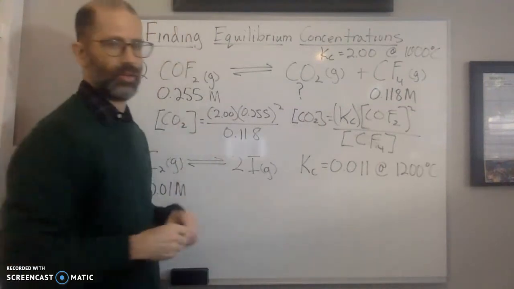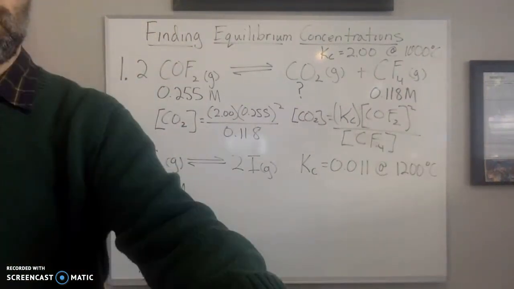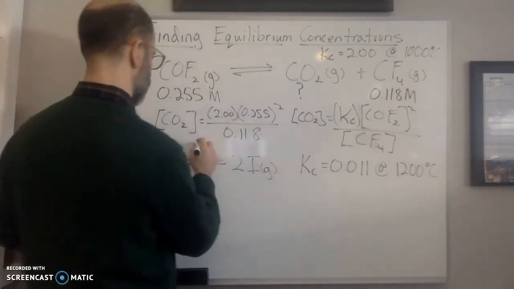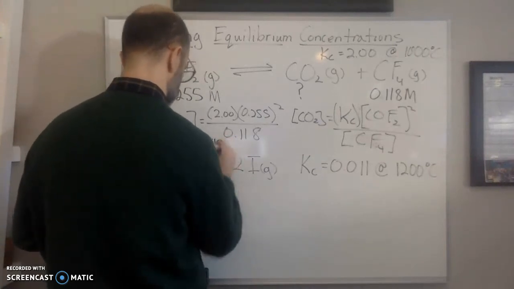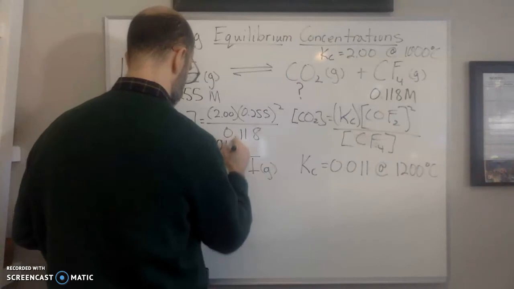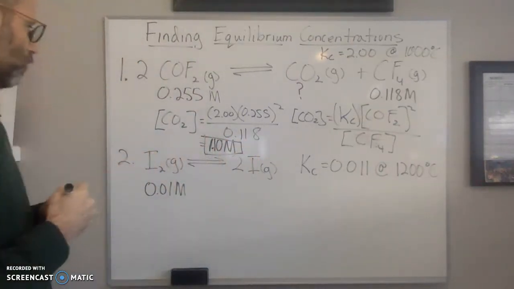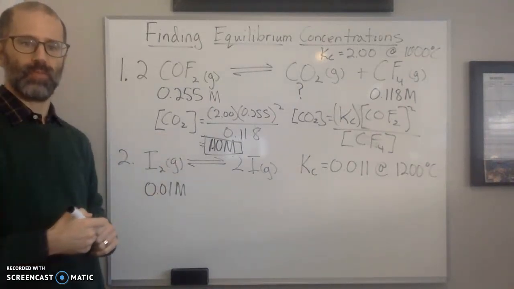And then all I need to do is calculate it on my calculator. And so this becomes equal to 1.10. So 1.10 molar is the equilibrium concentration for CO2. And that's how you solve this sort of problem.